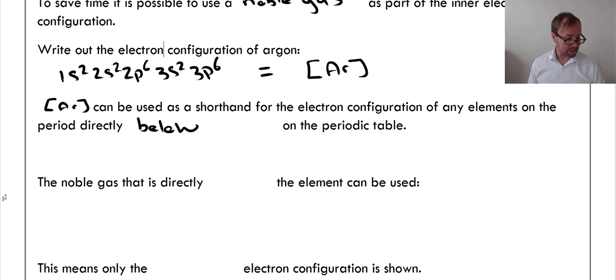Another way of saying that is the noble gas that is directly behind the element on the periodic table can be used, and we will do an example.